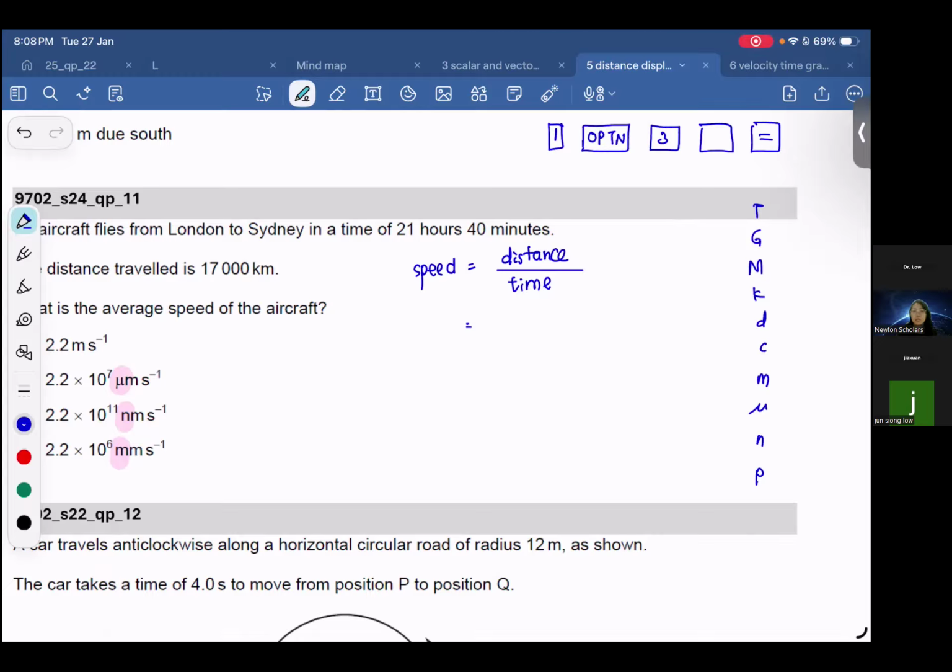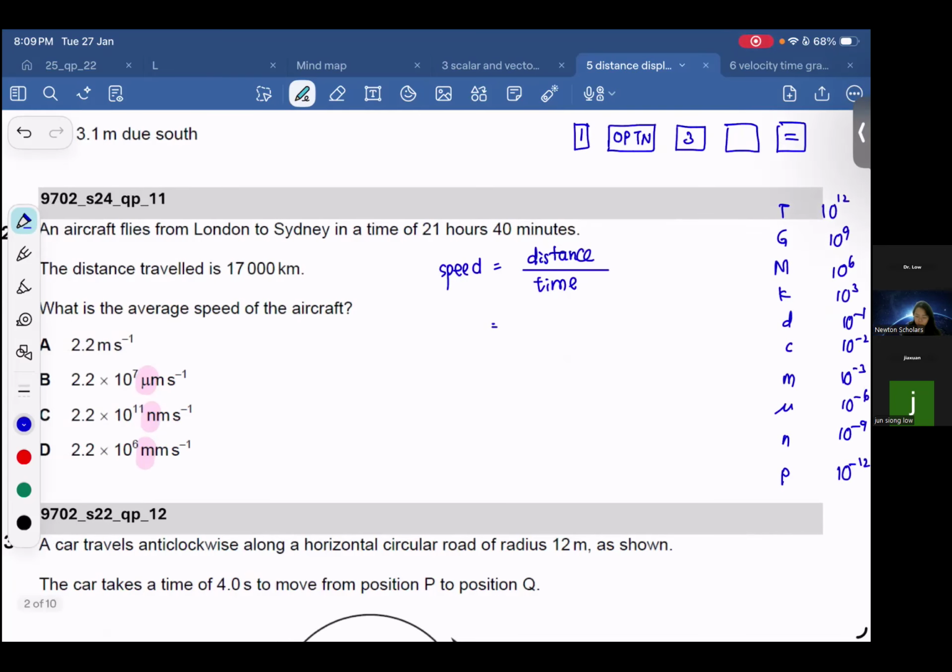Inside, it will show you the prefix. Tera is 10 to the power of 12, then 9, 6, 3, -1, -2, -3, -6, -9, and -12.